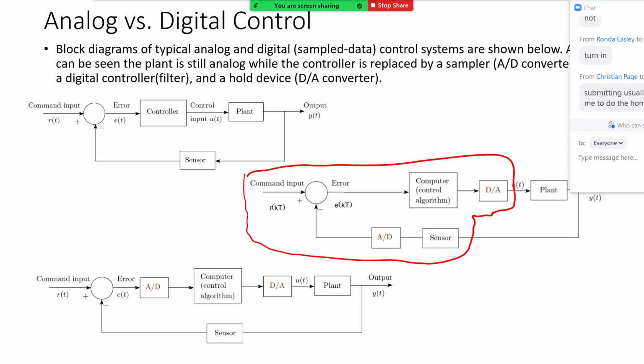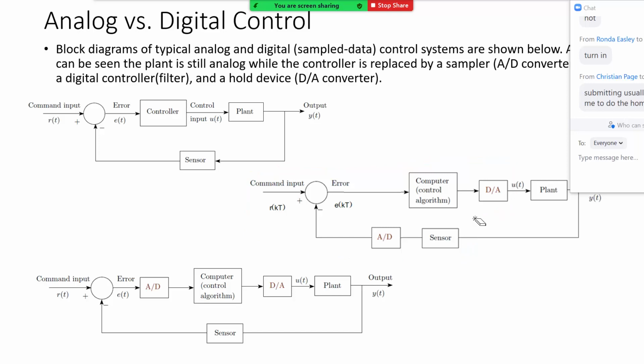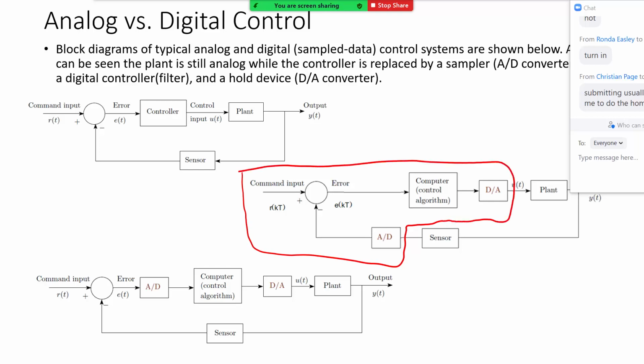And therefore, actually I made a mistake here. This sensor, this is the computer. The computer part.